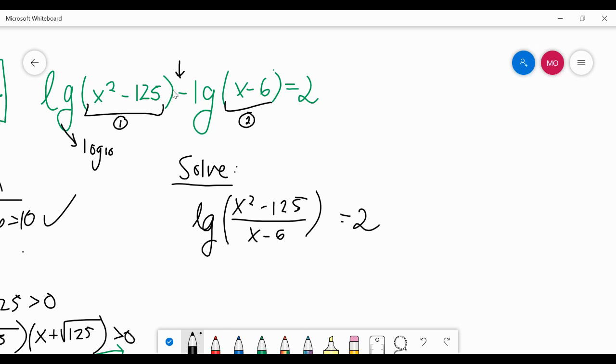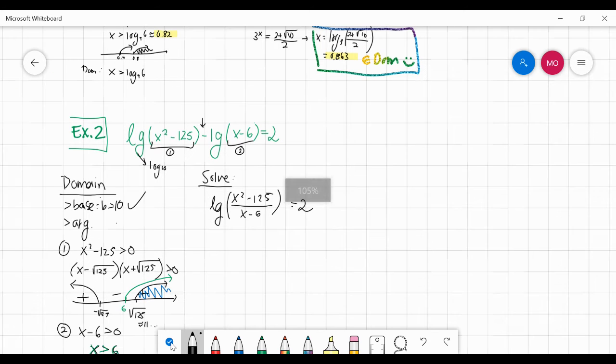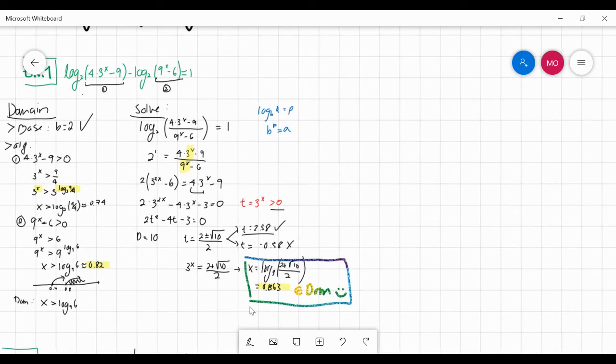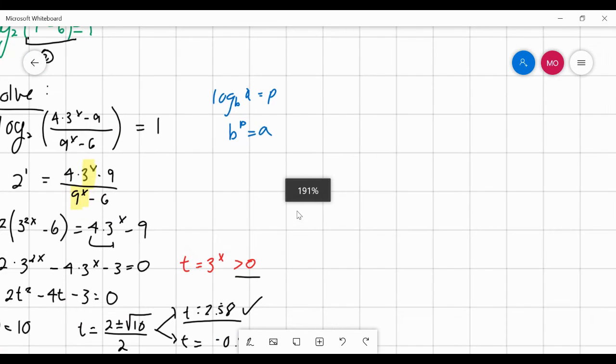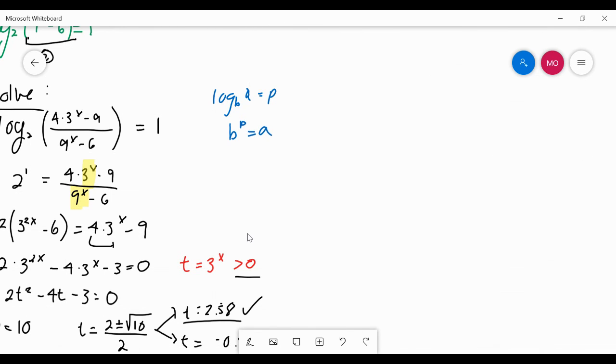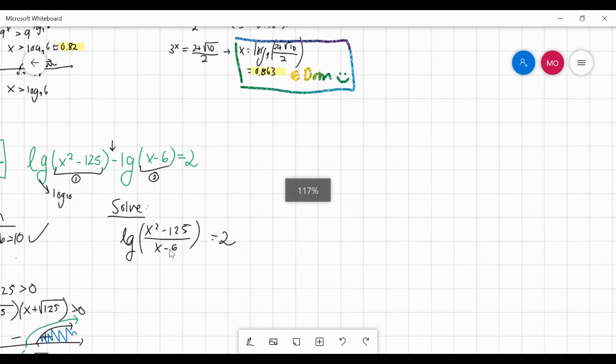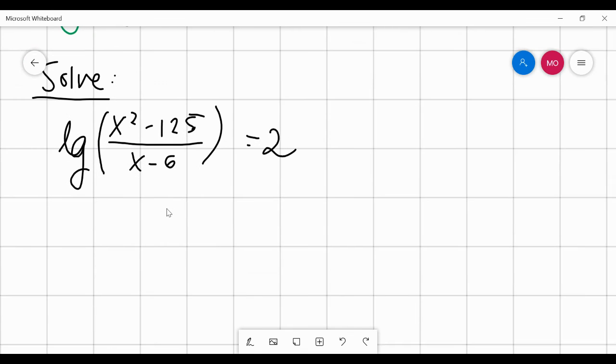Just like before, we are going to use the definition on the next step, which I'm going to show you right now. So our definition is just here in blue. We're going to have to transform this into the exponential. I'm sorry, I hope that the moving screen is not making anyone sick.